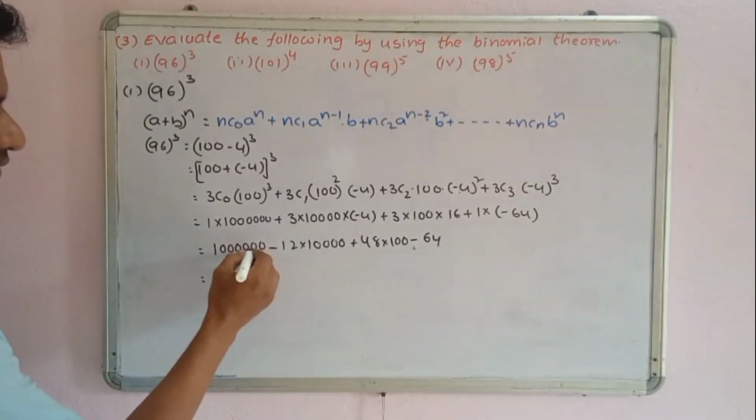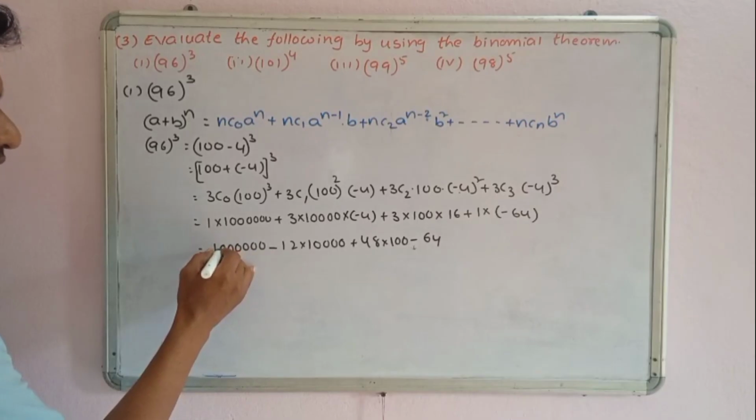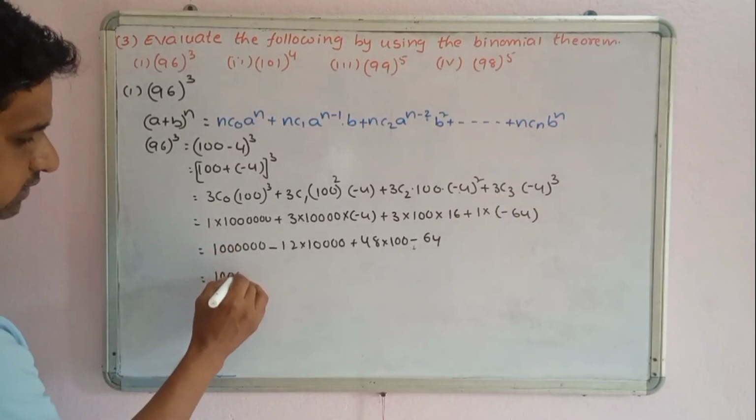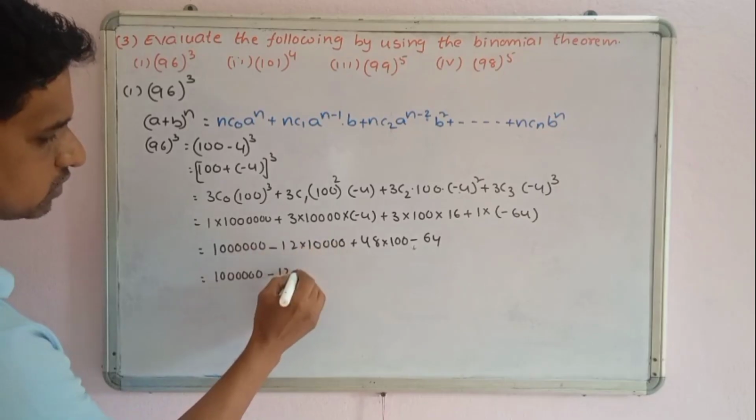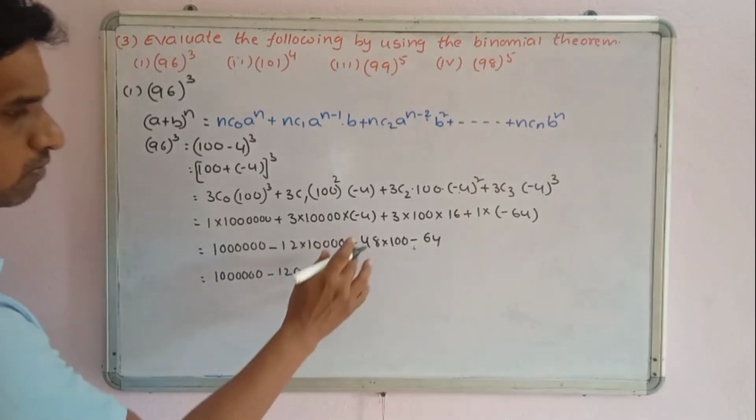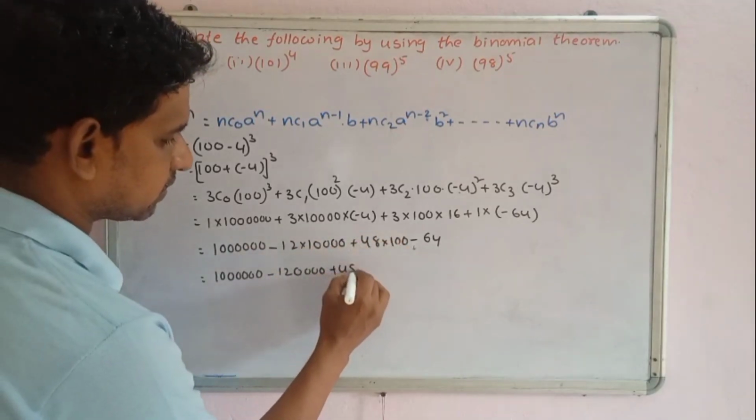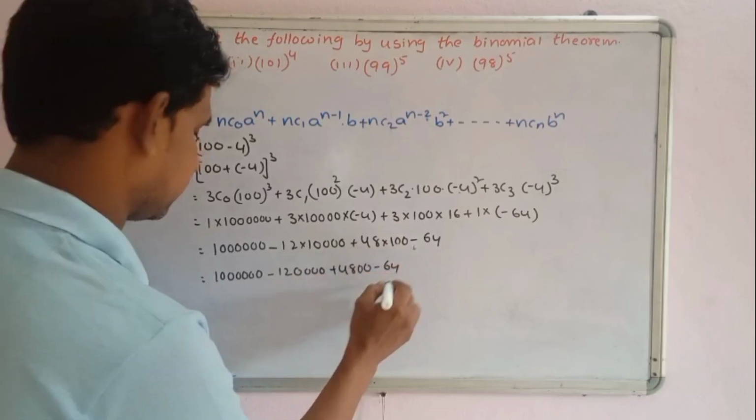That equals 1, tens, hundreds, thousands, 10,000s, lakhs, 10 lakhs. So this is 10 lakhs, minus 12 into 1 is 12. How many zeros? 4 zeros. 48 into 100 is 4,800, minus 64.